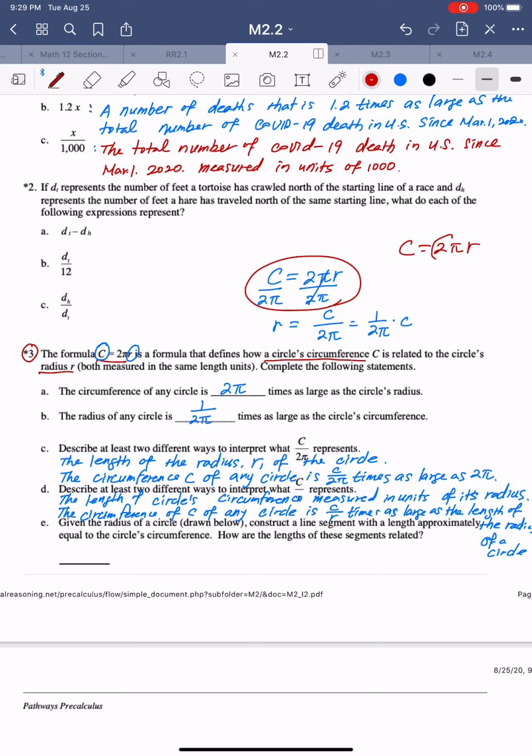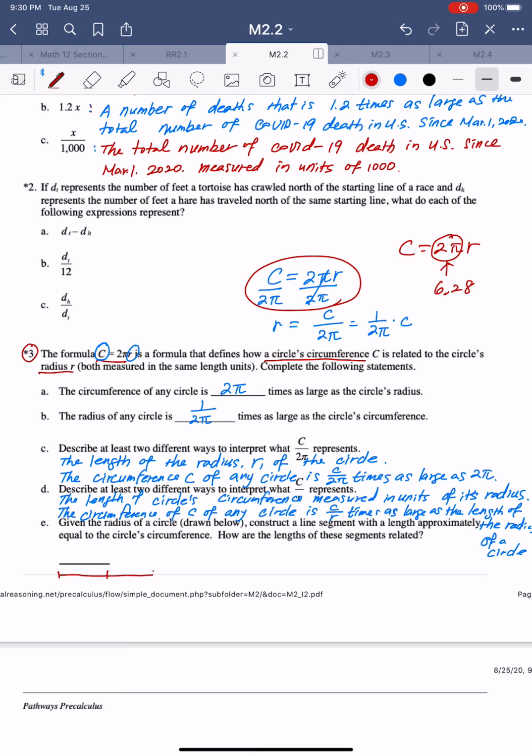So we need to figure out how much 2 pi is. 2 pi is almost 6.28. So the circumference is almost 6.28 times as large as the radius. So I'm going to make 6 pieces and then a little bit more after that, okay? Let's say this is one piece, same as the radius, 1.